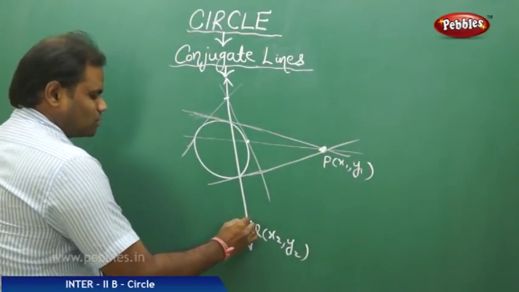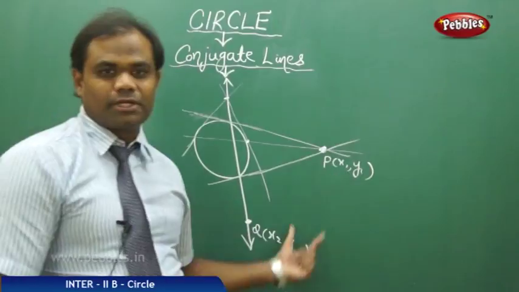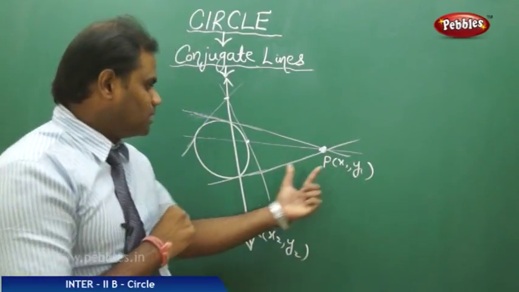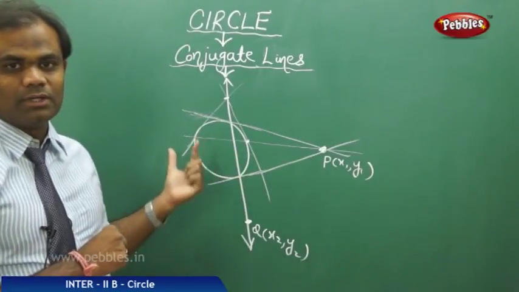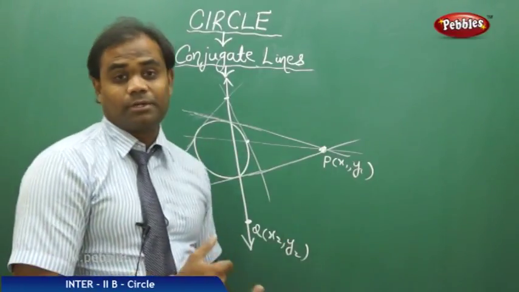So P and Q are conjugate points because Q lies on the polar of P and P lies on the polar of Q.